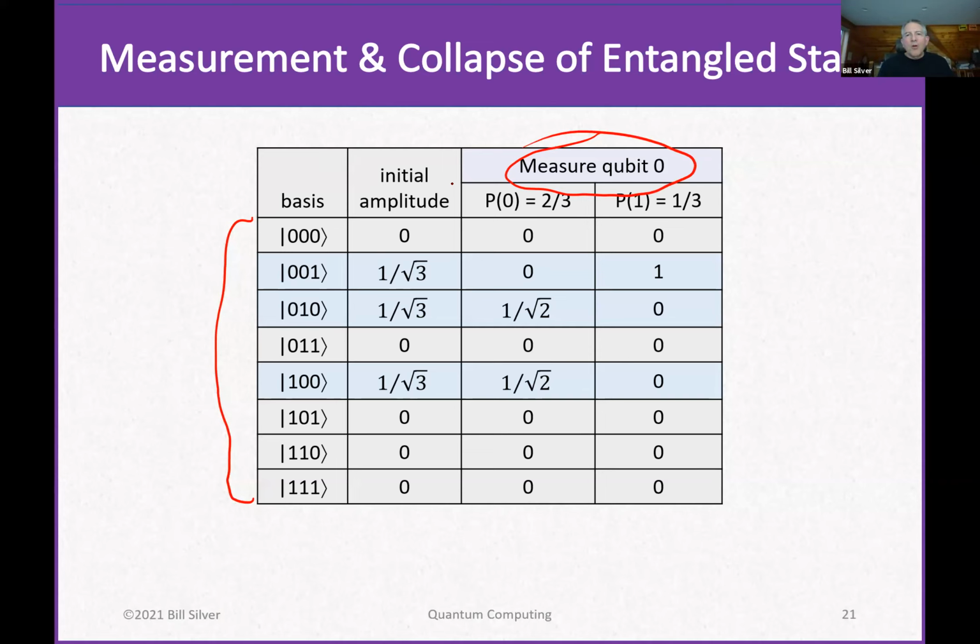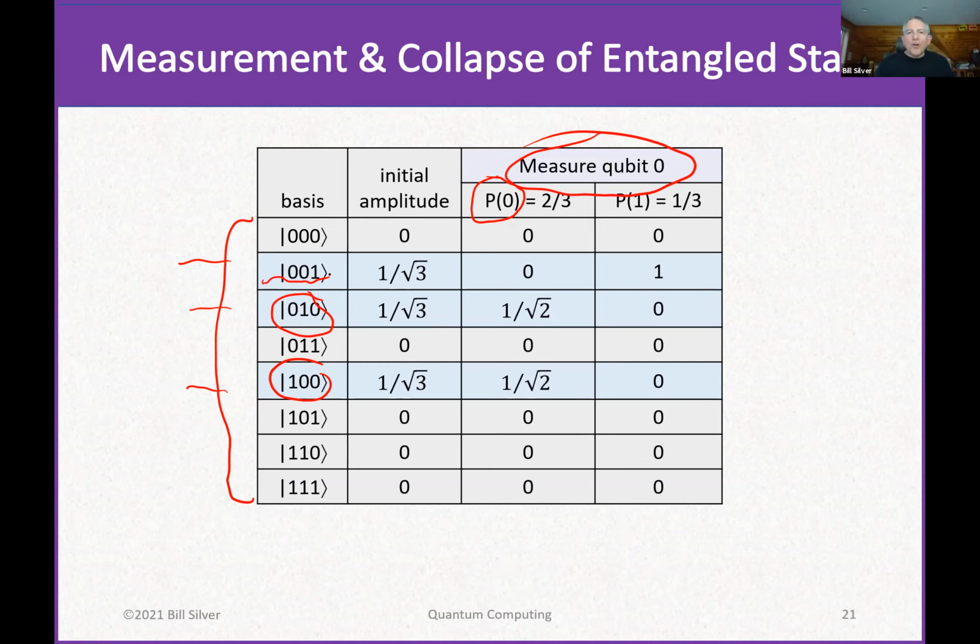If I'm going to measure qubit 0, what's the probability that I'm going to measure it as a 0? Well, there are only 3 states with non-zero amplitudes, and 2 of them have qubit 0 being a 0, and 1 of them has qubit 0 being a 1.